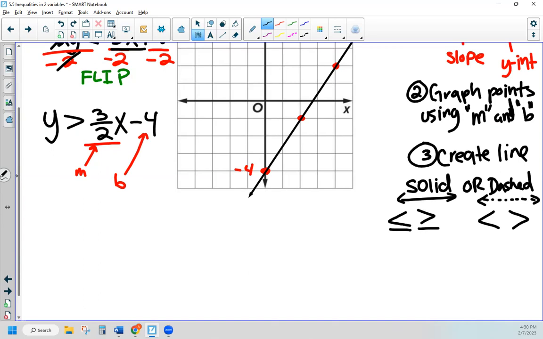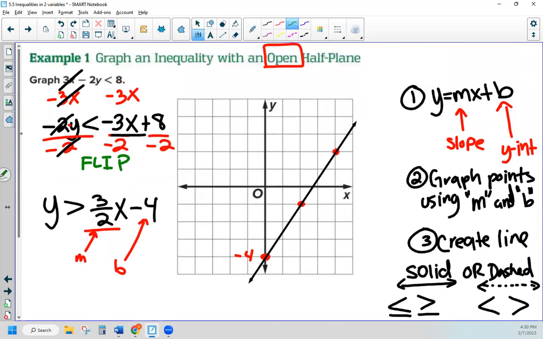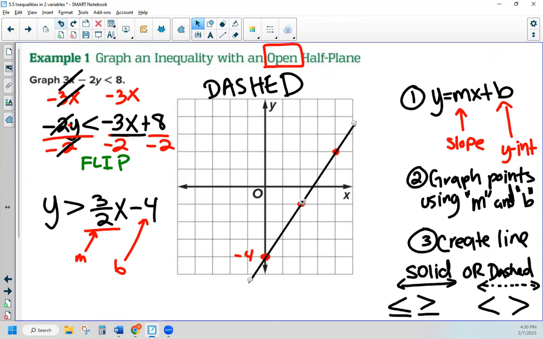That's going to match up with the line that has space inside or in between, right? So that means the inequality that we have right there tells us that we must do a dashed line. All right, so this has to be a dashed line, dotted line, whatever you want to call it.